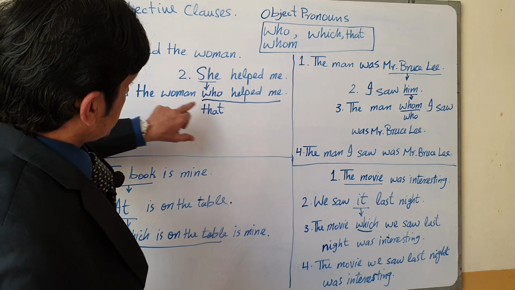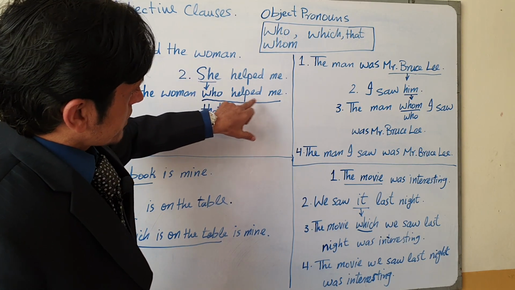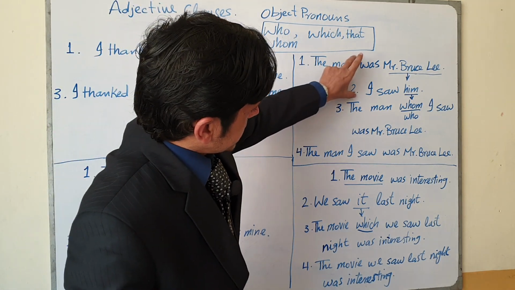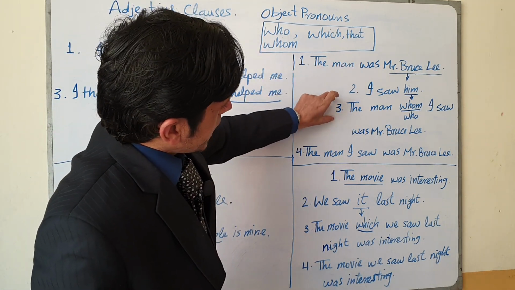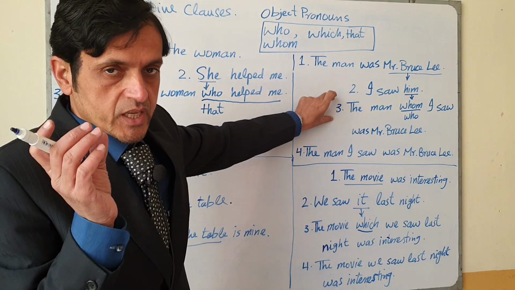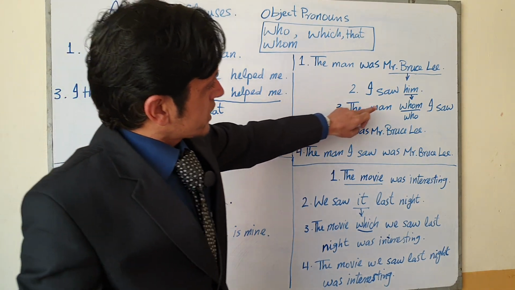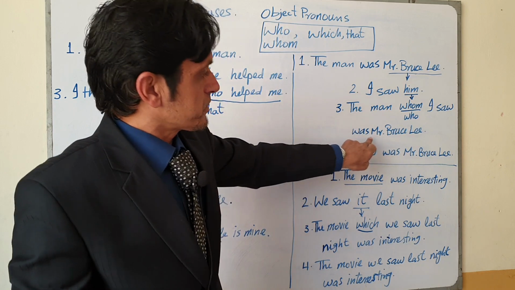Here, these two are independent clauses one and two, and now we also make a complex sentence. So: the man whom I saw was Mr. Bruce Lee.